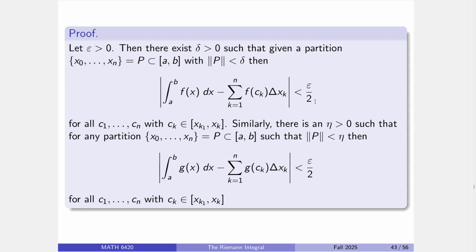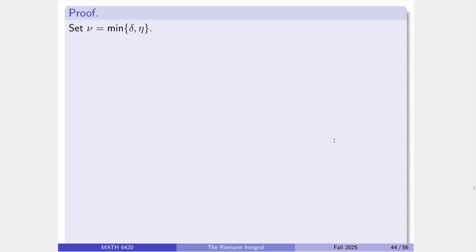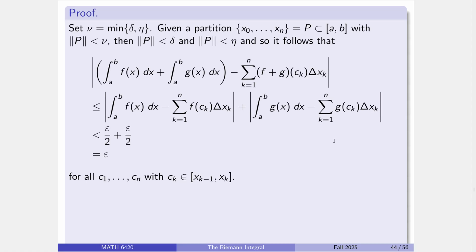Note that this epsilon over 2 is going to have a delta associated with it. This epsilon over 2 will have an eta associated with it, so obviously we'll go ahead and just take the minimum of those two things. We'll call that nu here. And so any partition that's within nu will be within delta and eta, so that then this Riemann sum is within epsilon over 2 of this Riemann integral, and this Riemann sum is within epsilon over 2 of this Riemann integral.